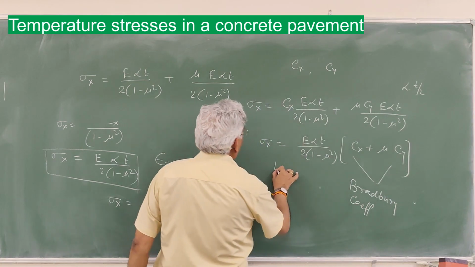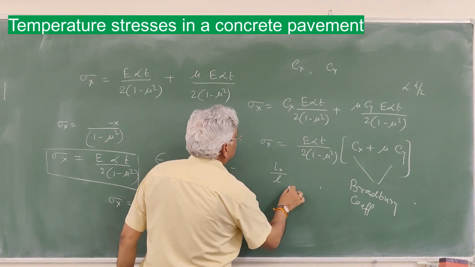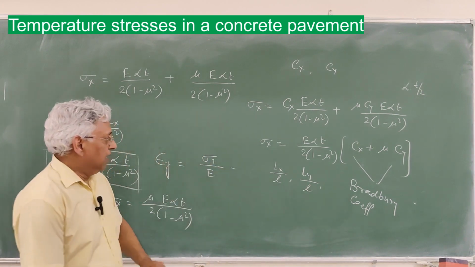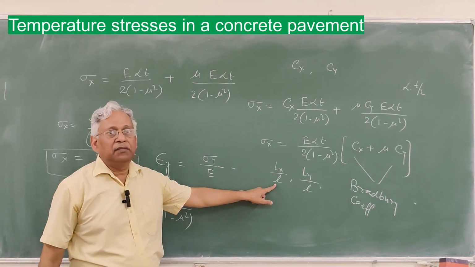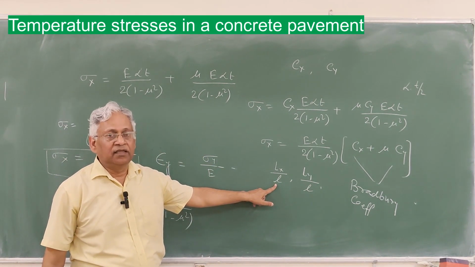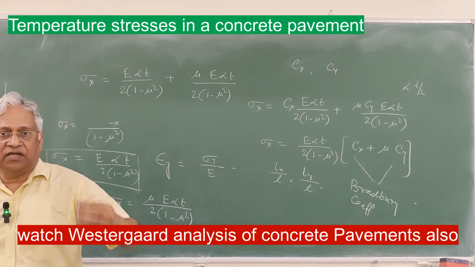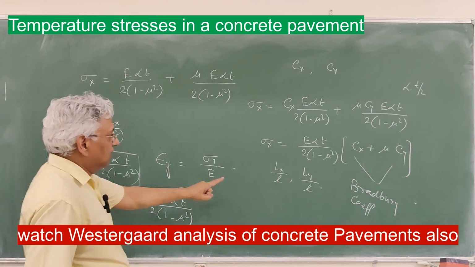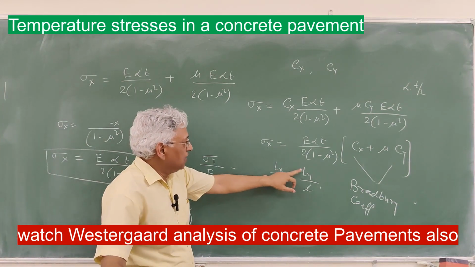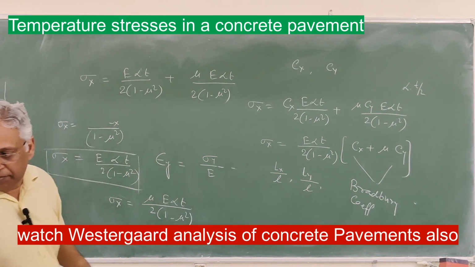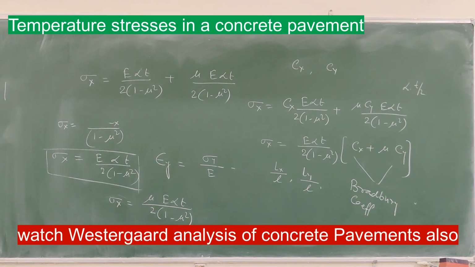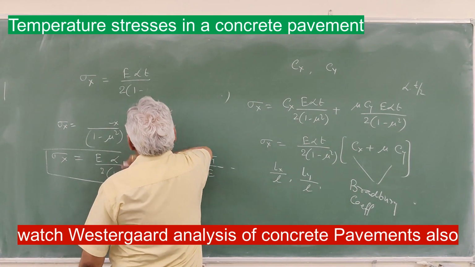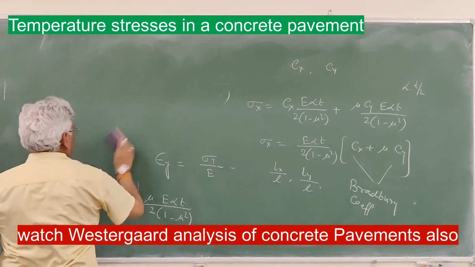Means it depends upon Lx upon L and Ly upon L. And I defined this radius of relative stiffness in my last session when we were discussing load stresses in a concrete pavement because of wheel load. Based on these values, Bradbury created a chart to determine the values of these coefficients Cx and Cy.